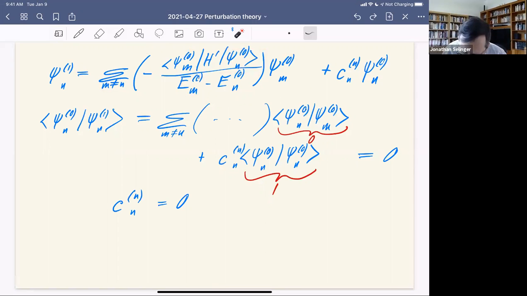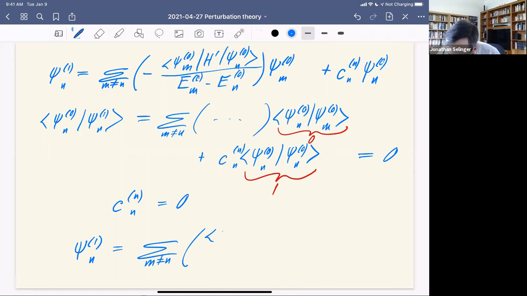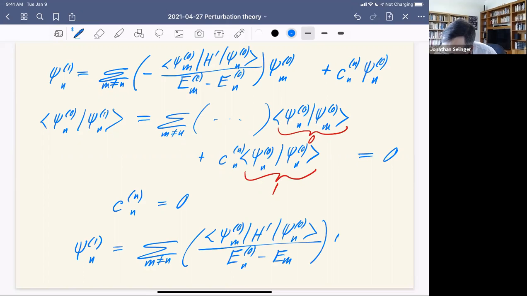And so our result then is that psi 1n is a sum over the different states of a matrix element psi 0m H prime psi 0n divided by E0n minus E0m times psi 0m.